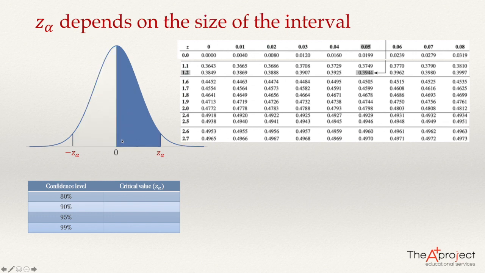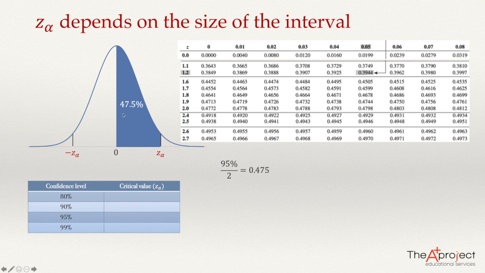So we are going to consider only this area, because the area in the table will be the area between the number and 0. For that reason, if we are going to compute the 95% confidence, I divide 95% by 2, just to get this area. Obviously, 95% divided by 2 is 0.475, and this is the number that I'm going to look for in the table.